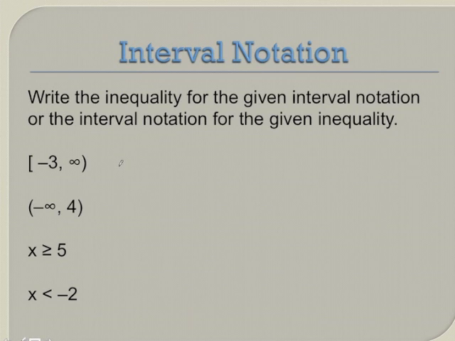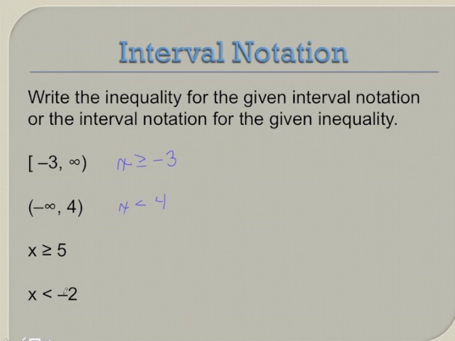So this is x is greater than or equal to -3, because of the bracket, for this inequality. The inequality to write for this interval notation, it goes negative infinity forever, so x needs to be less than 4. It's a less than because it's parentheses.